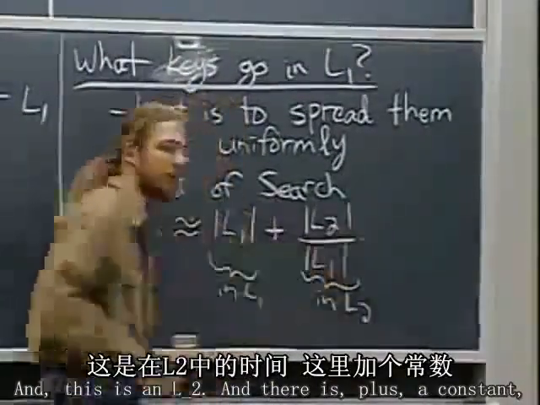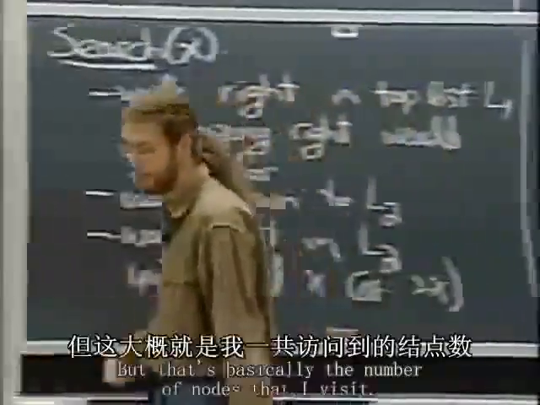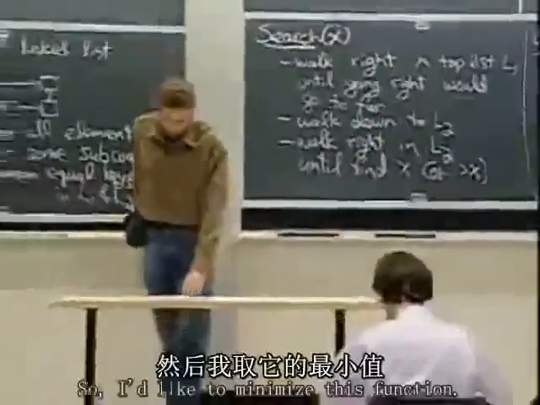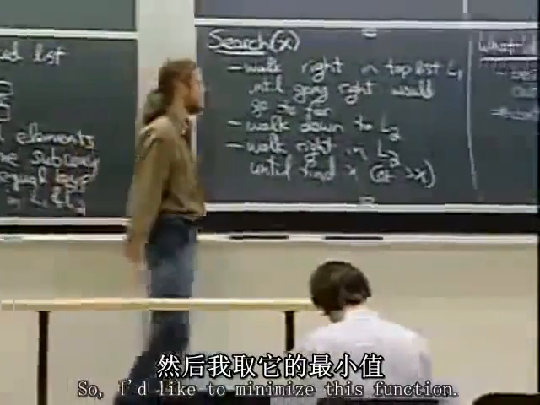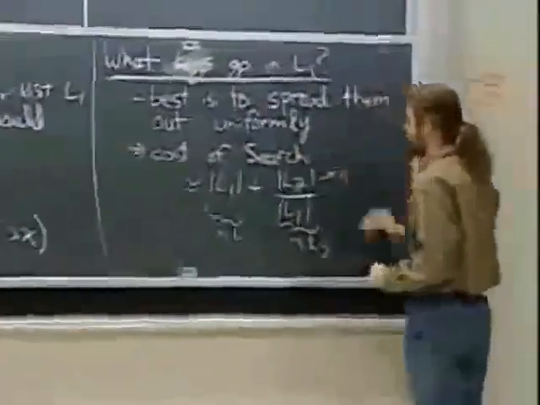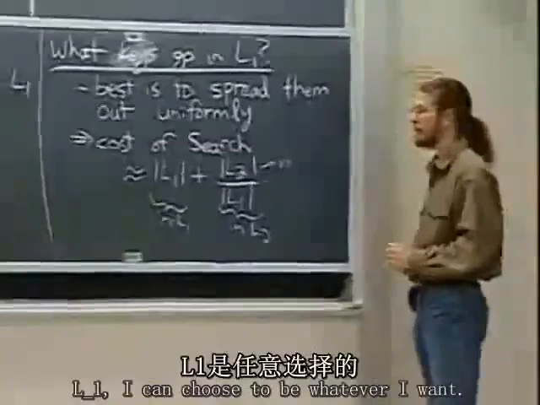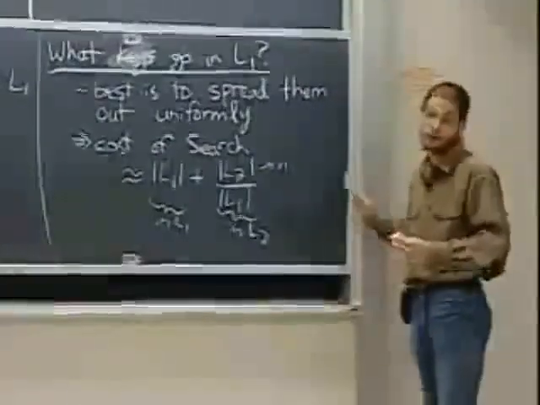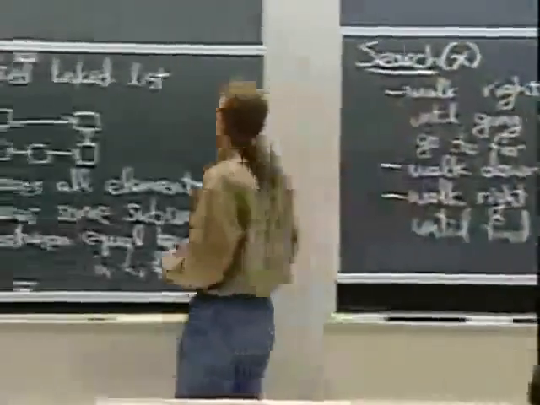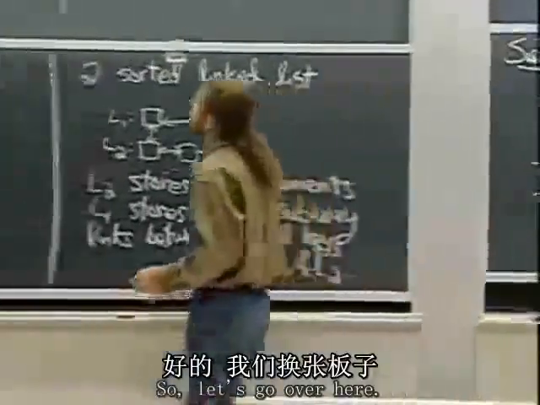And there's plus a constant, for example, walking down. But that's basically the number of nodes that I visit. So I'd like to minimize this function. Now, L2, I'm going to call that n, because that's the total number of elements. L1, I get to choose to be whatever I want. So let's go over here.